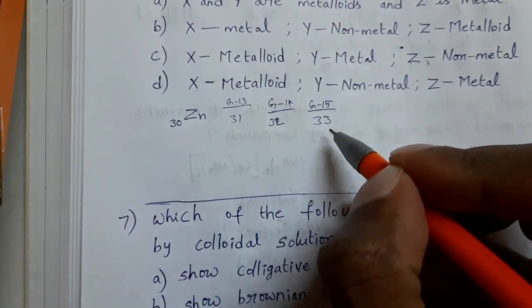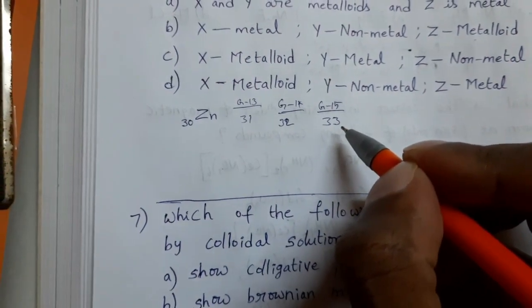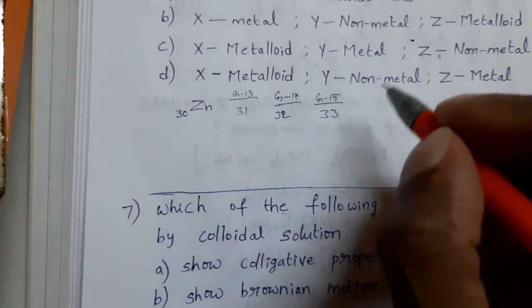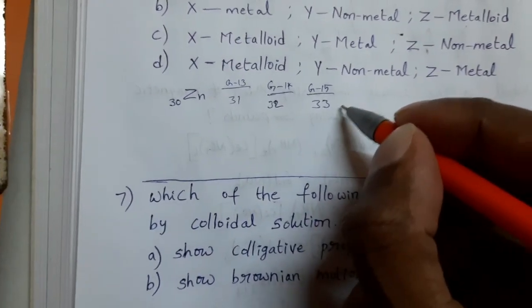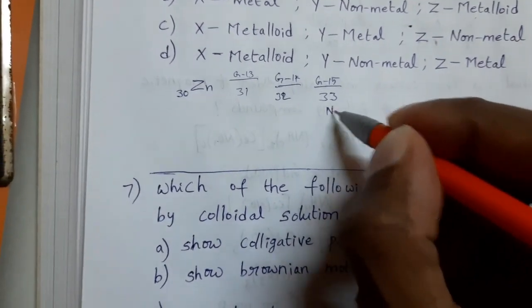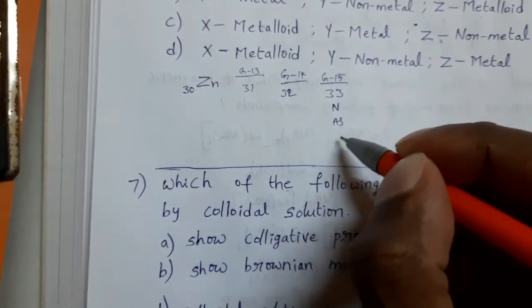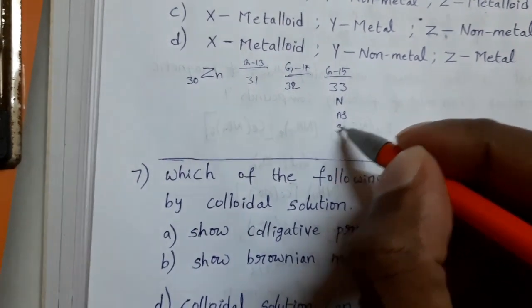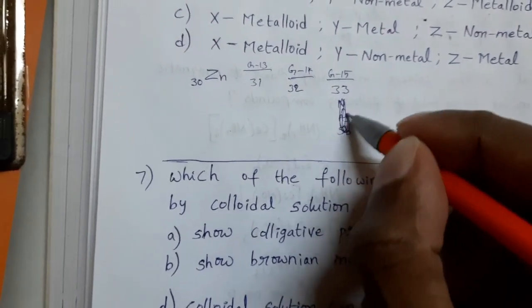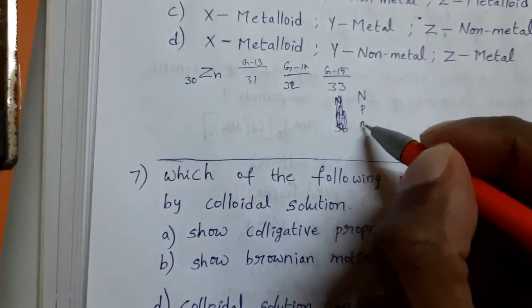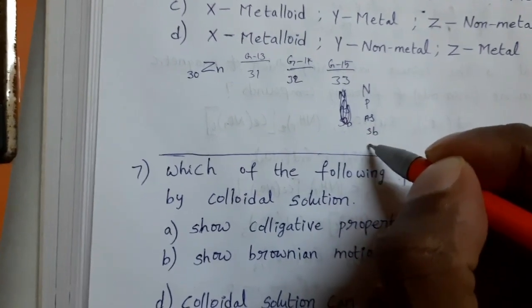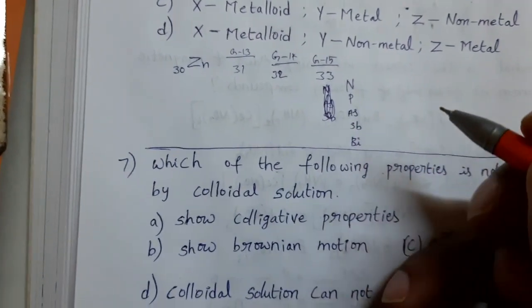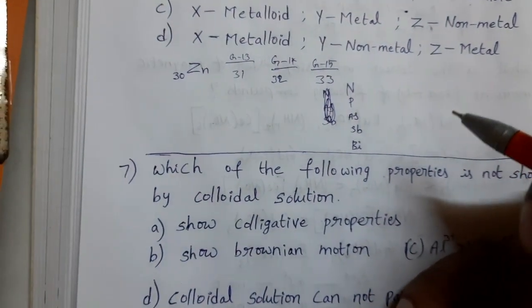So the atomic number 33 element is present in group 15. What are the group 15 elements? Nitrogen, phosphorus, arsenic, antimony, bismuth. These are the elements present in group 15.